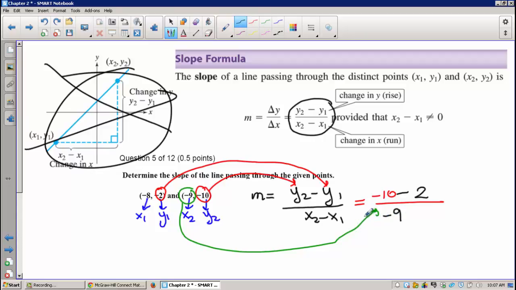And x1 is, let's first put the minus, x1 is this guy, right? Goes in here, which is negative 8.